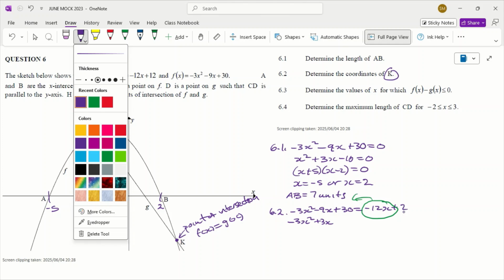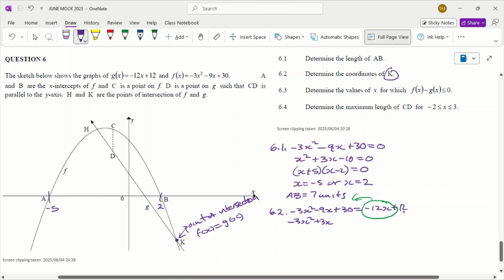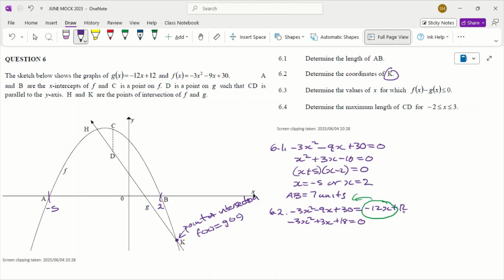Taking out a common factor of 3 here, it's going to give me a positive 1, taking out negative 3 here, it's going to give me a negative 1, and taking out negative 3 here gives me a negative 6. So I'll have this as my standard form.